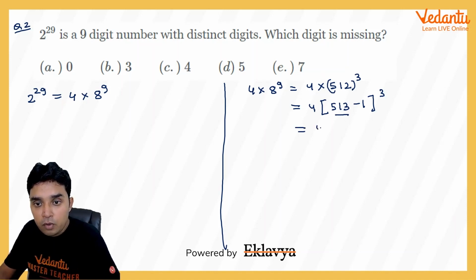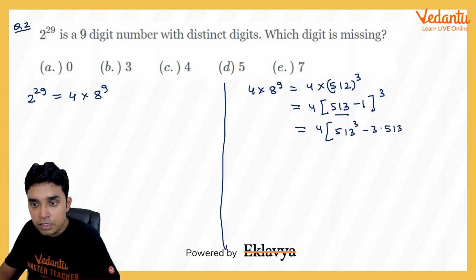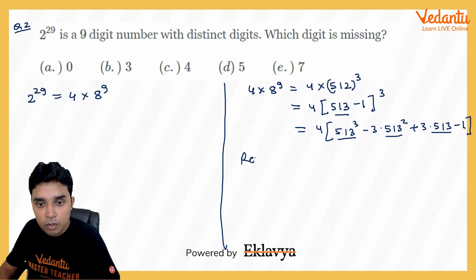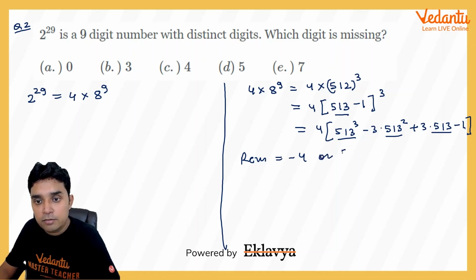So if we open this cube, we will get 513 cube minus 3 into 513 square plus 3 into 513, and in the end minus 1. All these terms are divisible by 9. Hence the remainder here would be minus 4, which we can also write as 5.